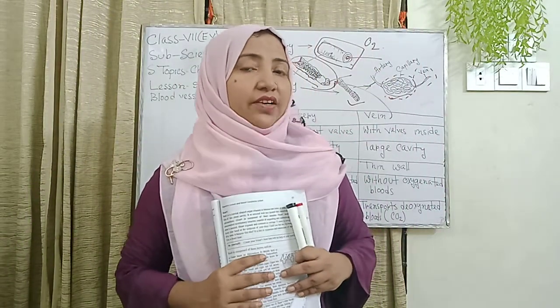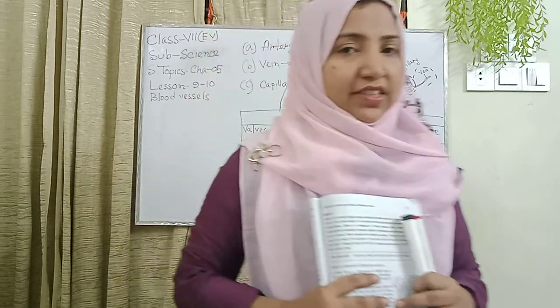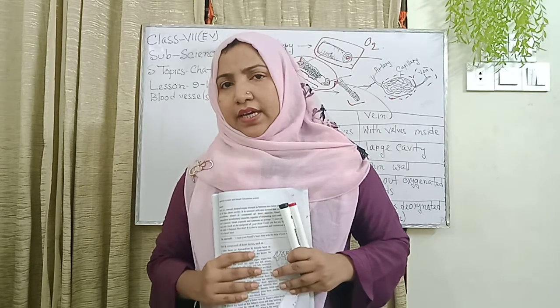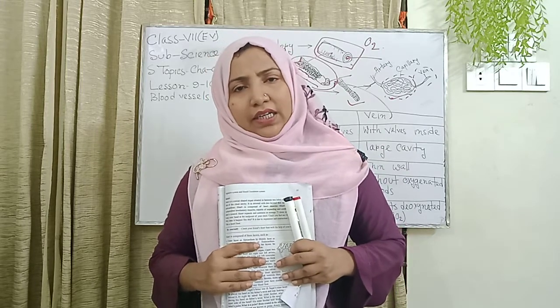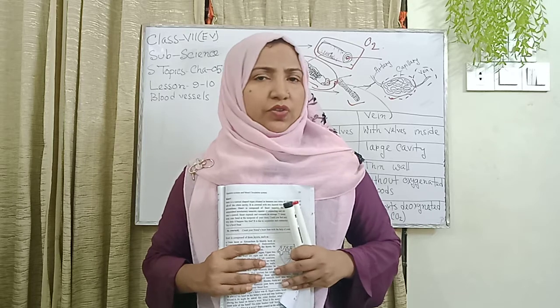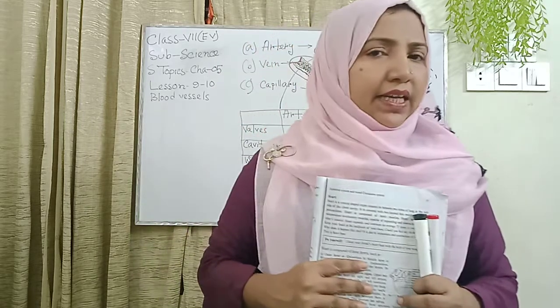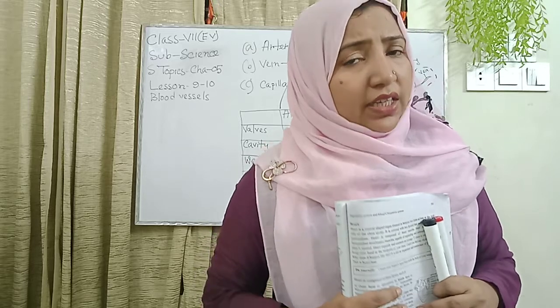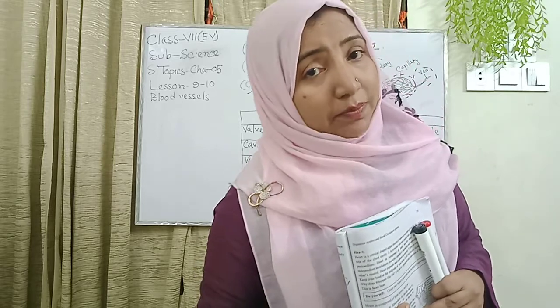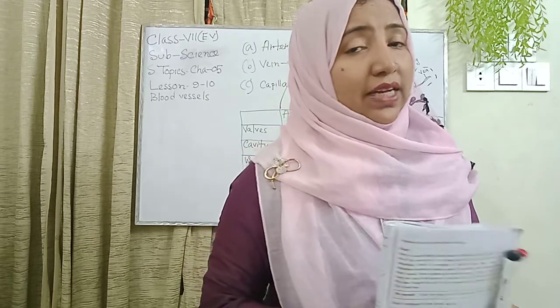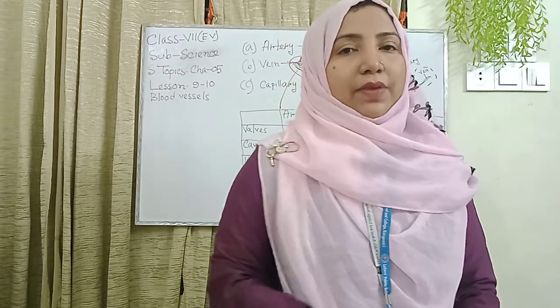First type is artery, second is vein, and third is capillary. Here's the artery and vein. There are differences between the artery and vein. Basically, artery only flows oxygenated blood, and the vein flows deoxygenated blood.